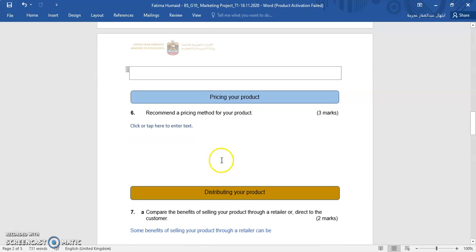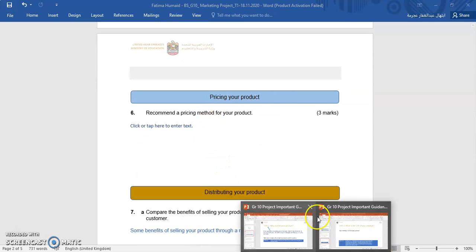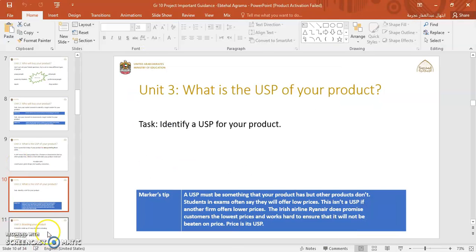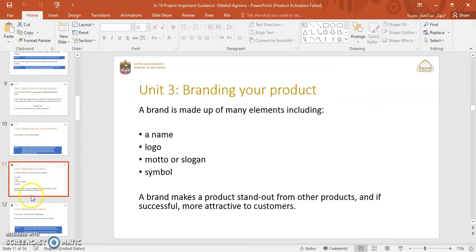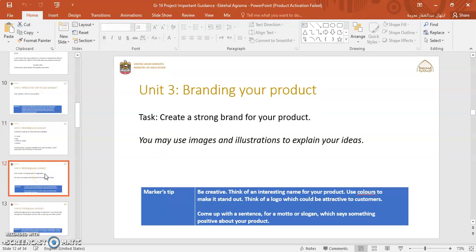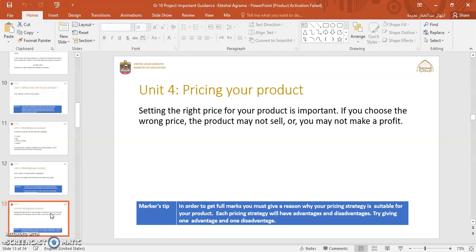Now let's move to question number 6, which is about pricing your product. Let's go back to the PowerPoint that I have shared with you, and that is so useful. So, pricing your product. Setting the right price for your product is important.